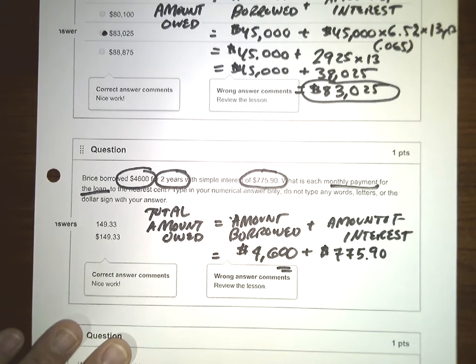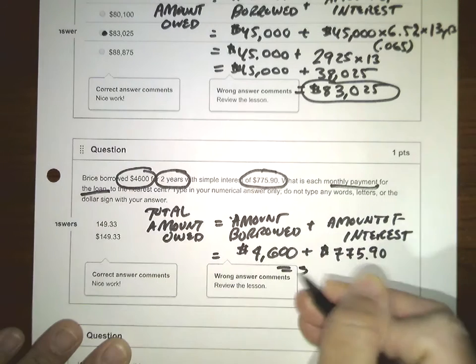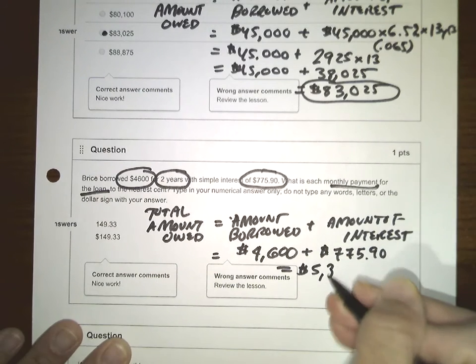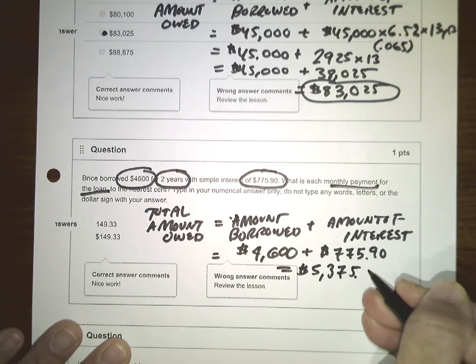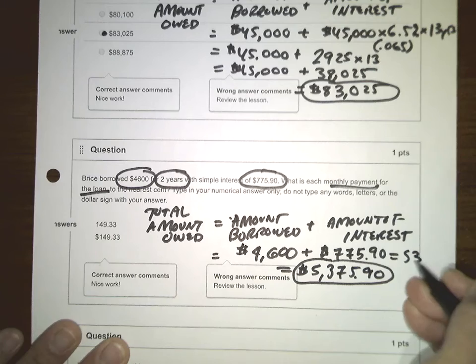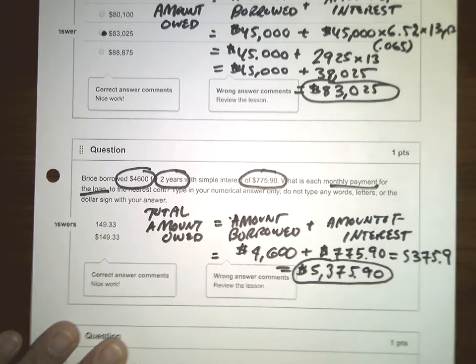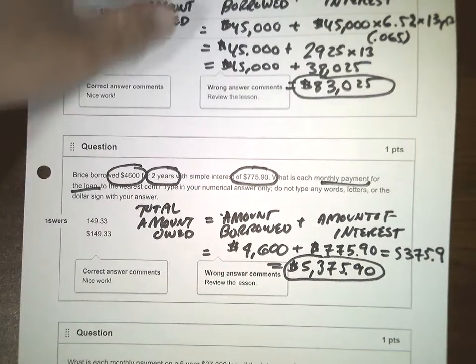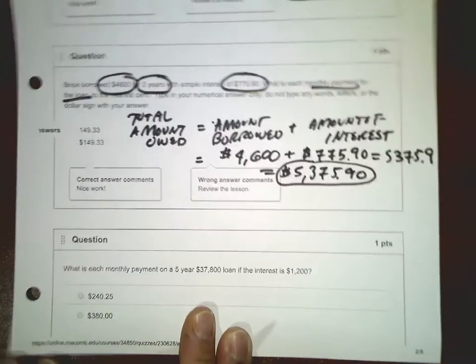So if you add these two numbers together, that means that he owes $5,375.90. You would put the extra zero to make it into dollars and cents.